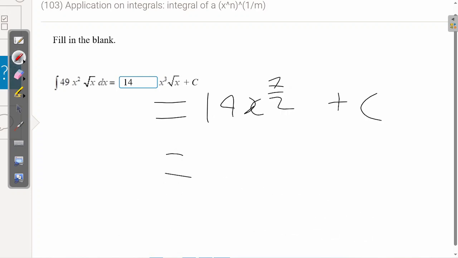Now 7 over 2 you can split it into 14x power 6 over 2 times x power half. 6 over 2 will become 3, so x power 3, and then the half will become radical, so x power 3 radical x.